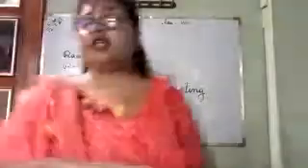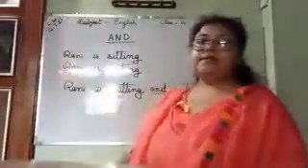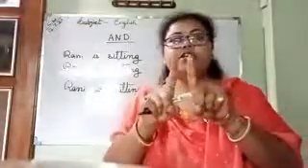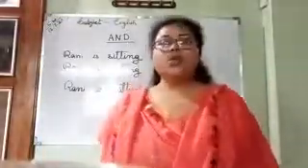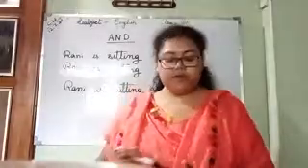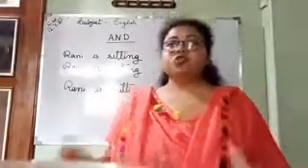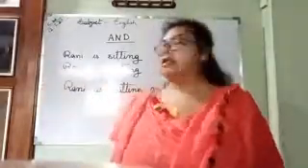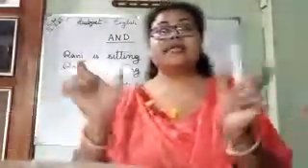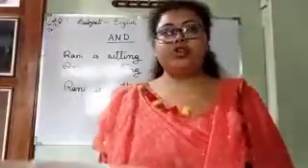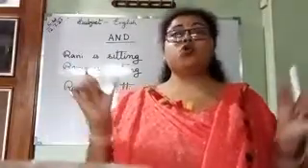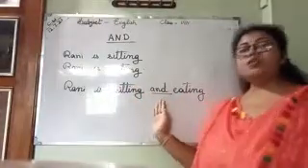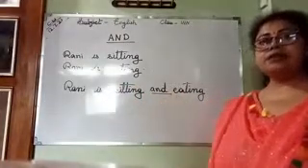For joining two sentences also we use and. For joining two sentences, we use and. So where do we use and? First, two words, then group of words, then sentences. For joining words, group of words or sentences, we use and. Understand?